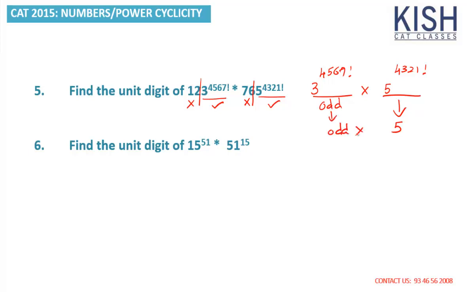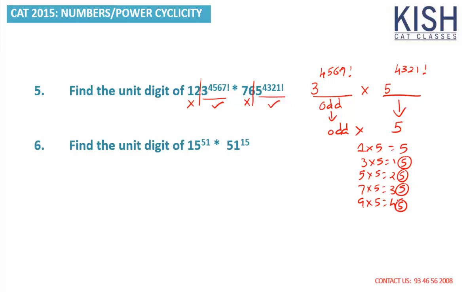Now 1 into 5 is 5. 3 into 5, it's 15, ends with 5. 5 into 5, 25, it ends with 5. 7 into 5 is 35, it ends with 5. 9 into 5 is 45, it ends with 5. So you can directly focus on just odd. Odd into 5 ends with 5, even into 5 ends with 0. That's a very easy one.